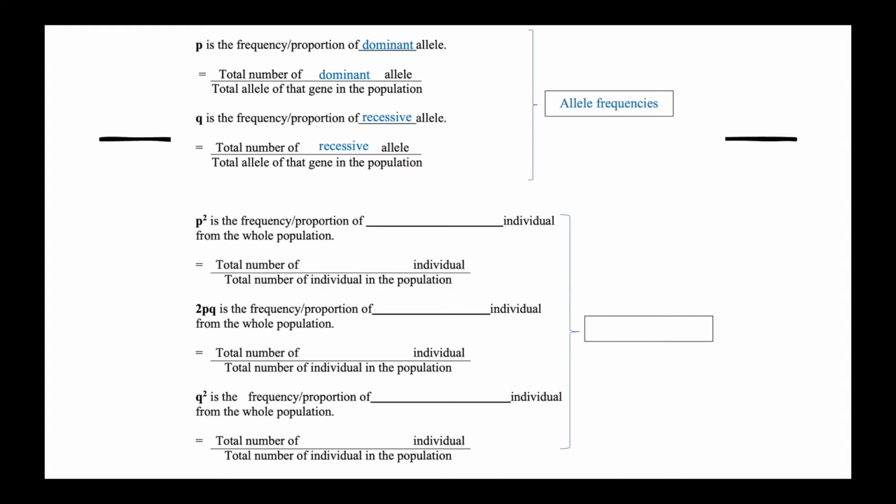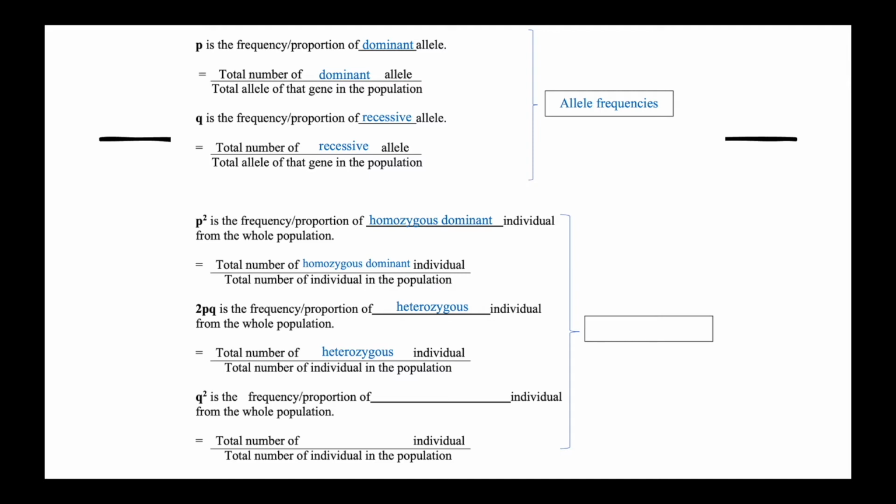If you are required to find the frequency or proportion of homozygous dominant individuals in the population, which is often designated by P square, you simply divide the total number of homozygous dominant individuals by the total number of individuals in the population. For heterozygous individuals, often designated as 2PQ, you simply divide the total number of heterozygous individuals by the total number of individuals in the population.